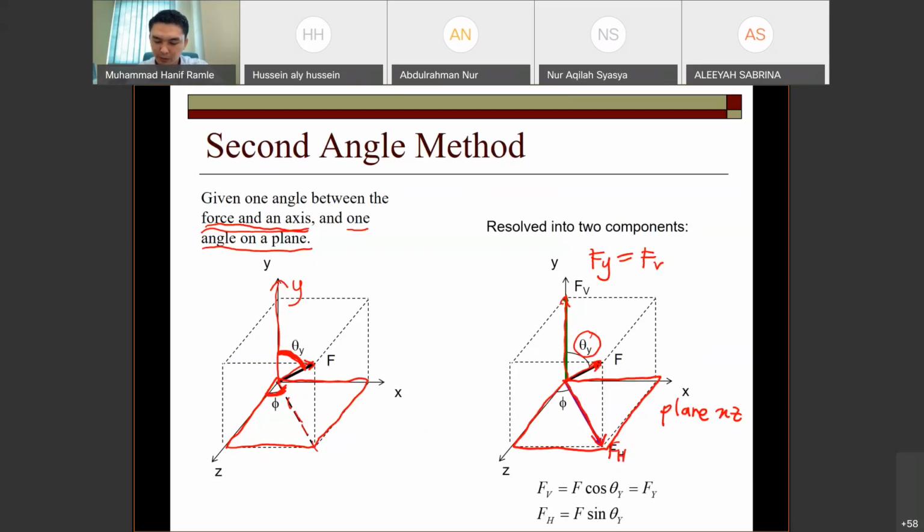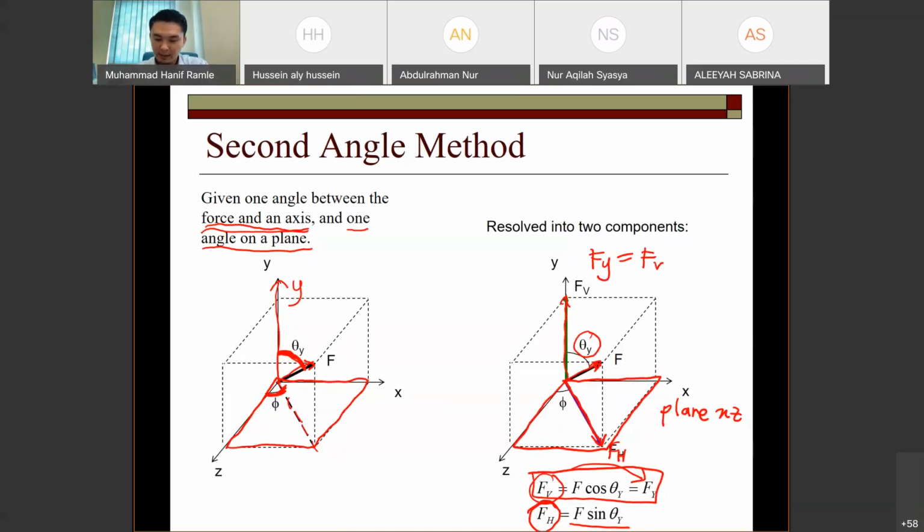Using the sine and cosine equations, you will get Fv straight away: Fv equals F cos theta y, and we know that Fv equals Fy. And the other component, Fh, is equal to F sine theta y. So we get Fh and Fv for the first calculation.